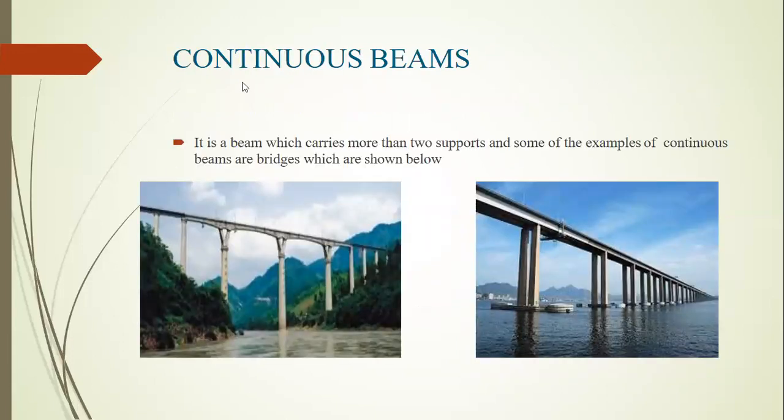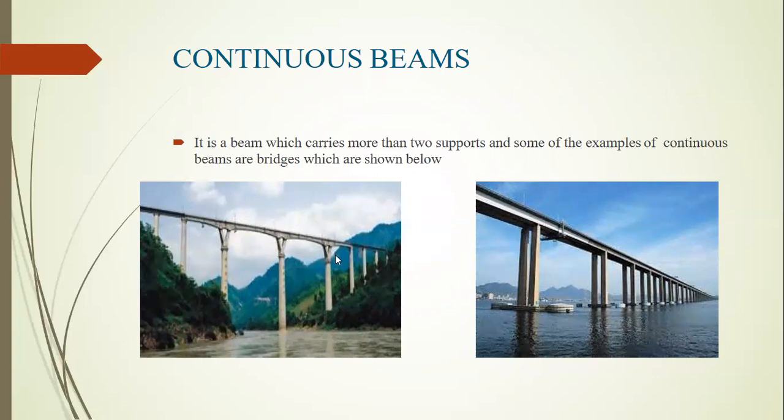Next is continuous beams. If the beam is supported over a series of supports, that is, more than 2 supports, then it will be called a continuous beam. You can see the beam which is provided in an aqueduct or in the case of bridges.